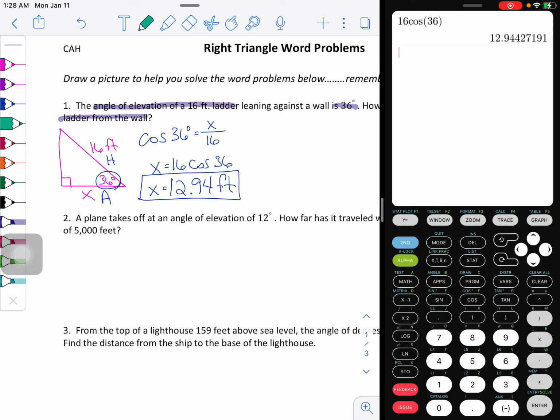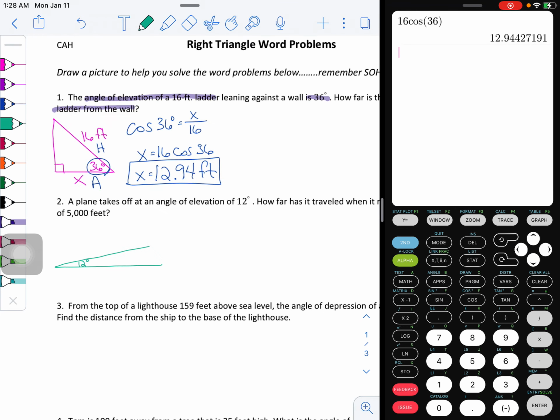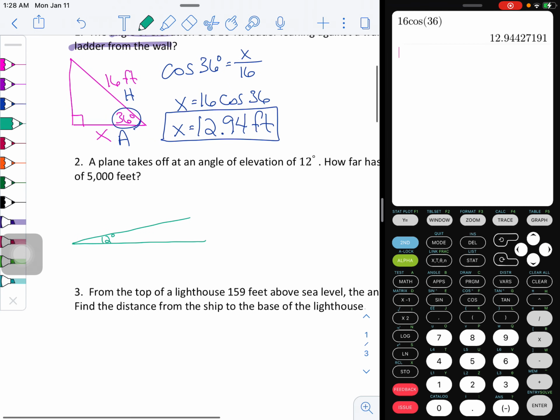Problem number 2. A plane takes off at an angle of elevation of 12 degrees. All right. So here's the ground. The plane's taking off at 12 degrees. So this little thing is 12 degrees. How far has it traveled when it reaches an altitude of 5,000 feet?